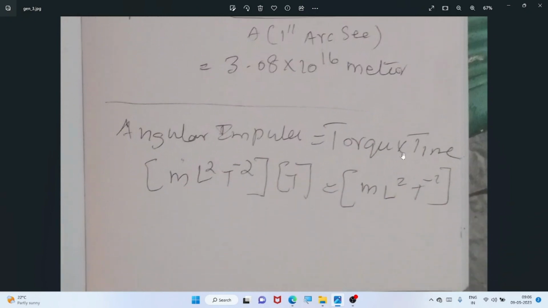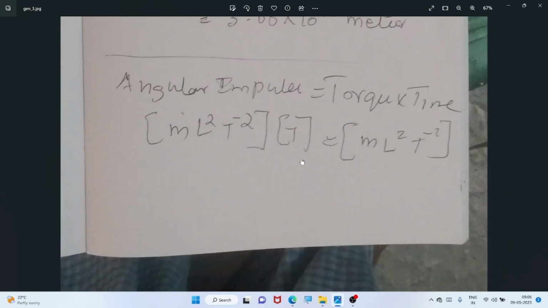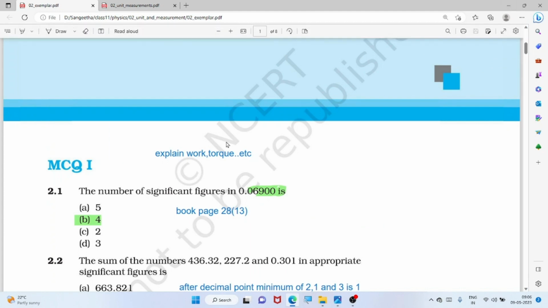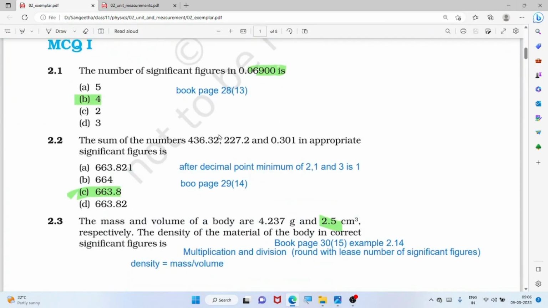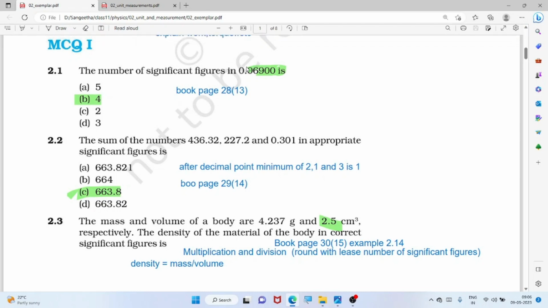Angular impulse is torque into time. Okay, this one. Now, the number of significant figures. In this, the leading zeros are insignificant.